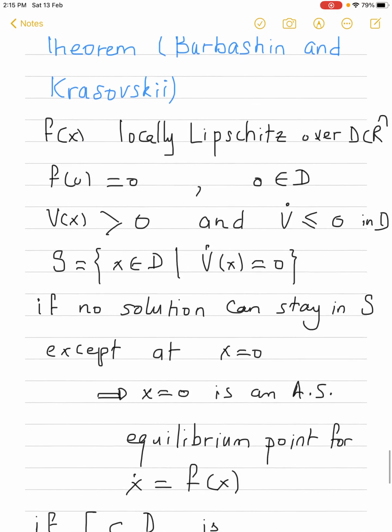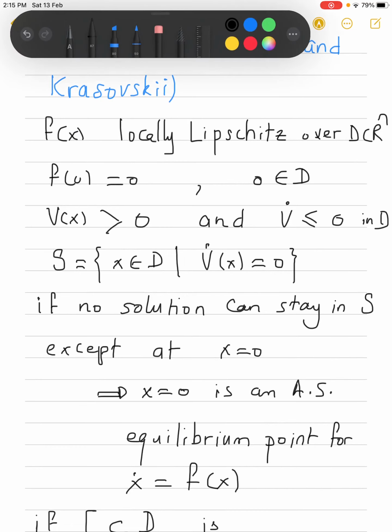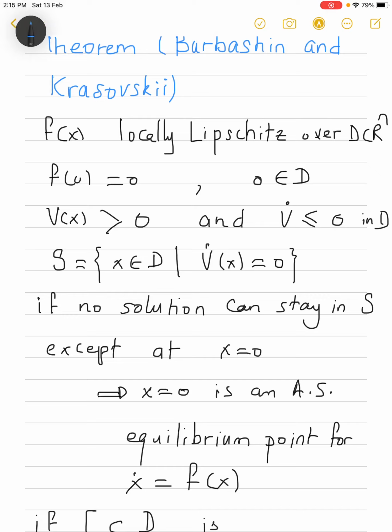So according to that theorem, we are going to assume that we have a locally Lipschitz function f of x, which is defined over a domain D subset of Rn. So let us assume that this is D, and the origin is an element in that domain, and it is the equilibrium point, as f of 0 will be equal to 0 at that point.